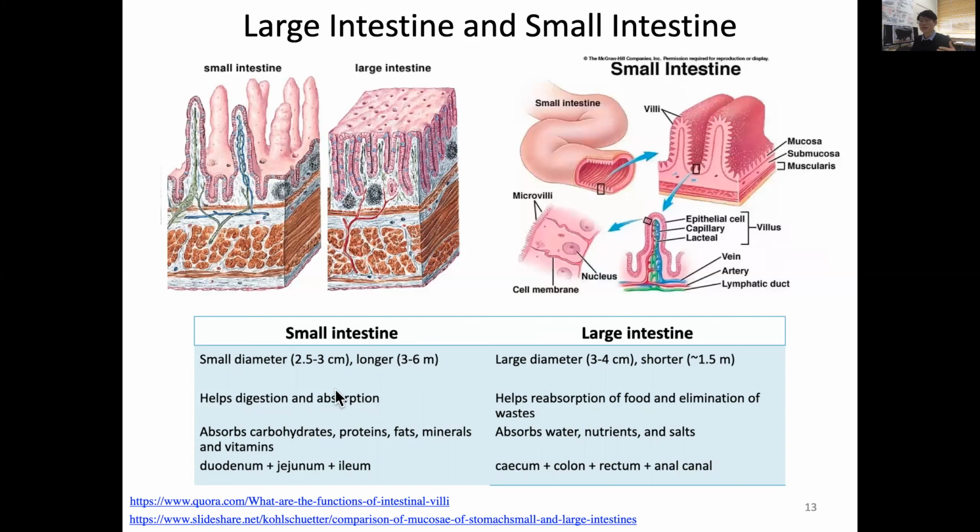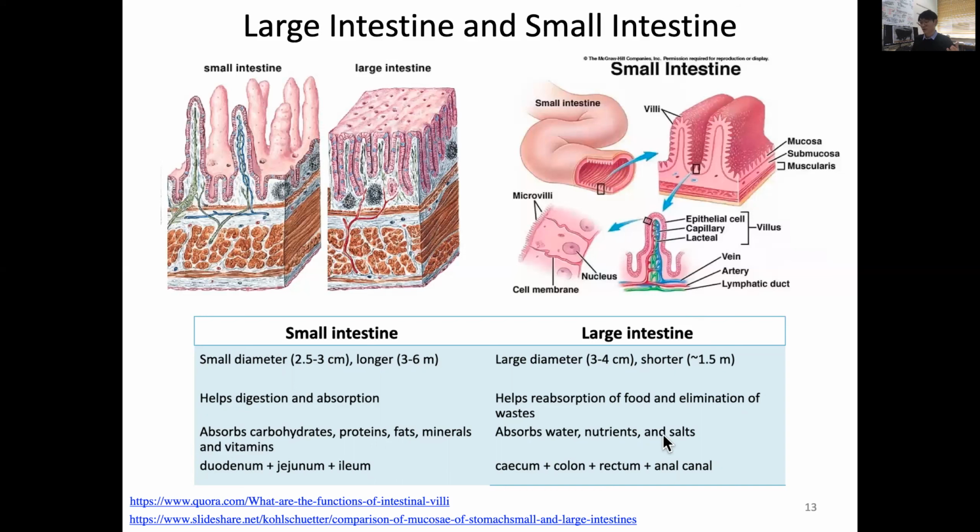The small intestine helps digestion and absorption of nutrients. The large intestine helps reabsorption of the remnant food and also elimination of waste because it forms stool. In terms of absorption, the small intestine absorbs carbohydrates, proteins, fat, minerals, and vitamins, while the large intestine absorbs water and some nutrients and salts.